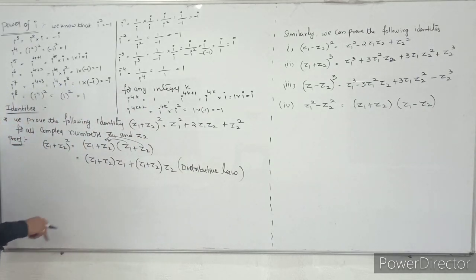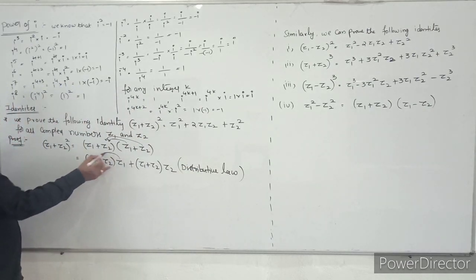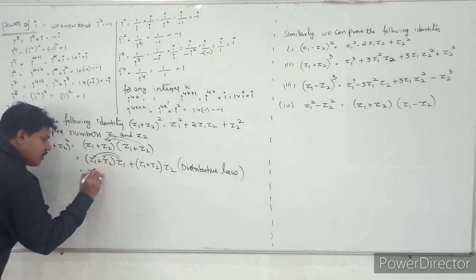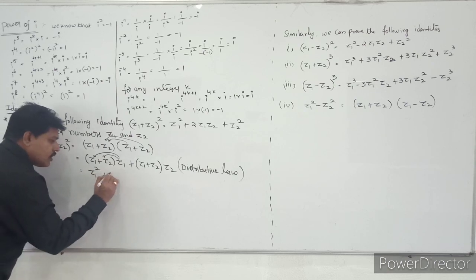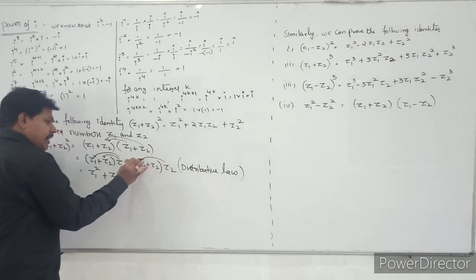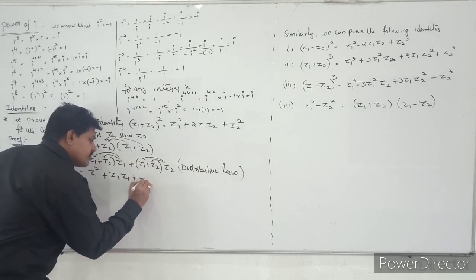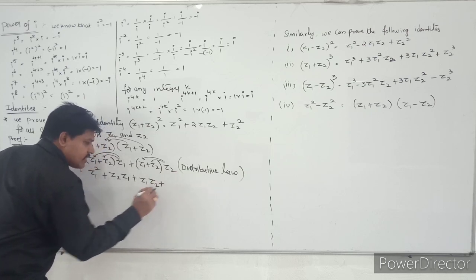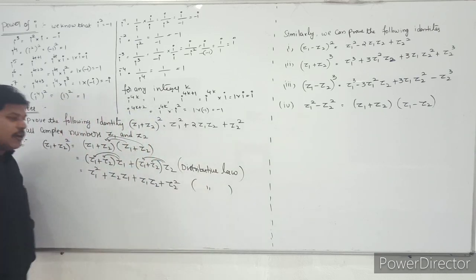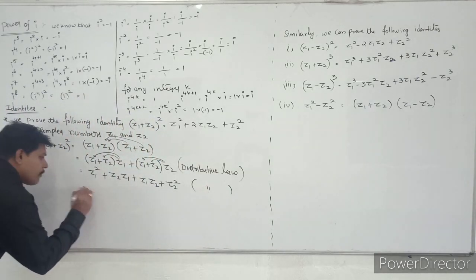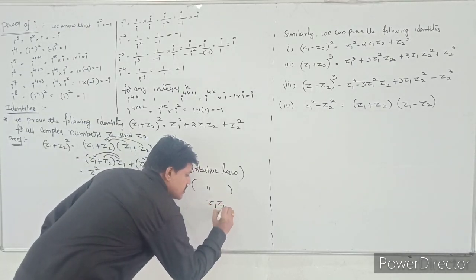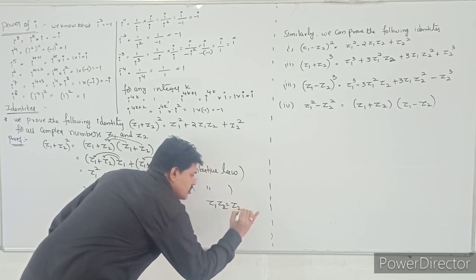Next, once again I am applying the distributive law. Multiply here, and once again what will we get? That is z1 into z1, which is z1 square, plus z2 z1, plus multiply here, z1 z2 plus z2 whole square. This is also the distributive law. So that implies z1 square, and already we know that z1 into z2 is equal to z2 into z1.